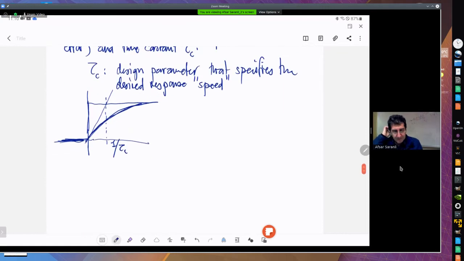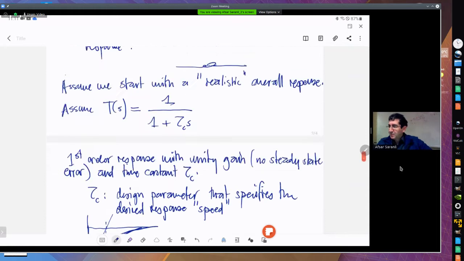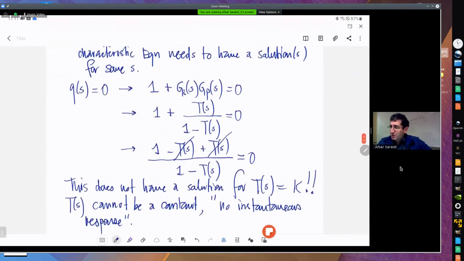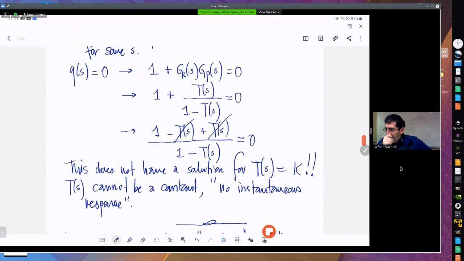Hocam bir şey sorabilir miyim? Go ahead. Bu üst tarafta anlamadım ben. Niye bu constant olamıyor T of S? Çünkü Planck'in 1 bölüsü olursa sanki oluyor gibi duruyor. Yani oradaki reasoning'i anlamadım ben açıkçası. Şimdi şuraya bakarsanız şu denkleme. Şimdi buradaki denklemde şöyle bir şey elde ediyoruz biz. 1 bölü 1 eksi TS eşittir 0.